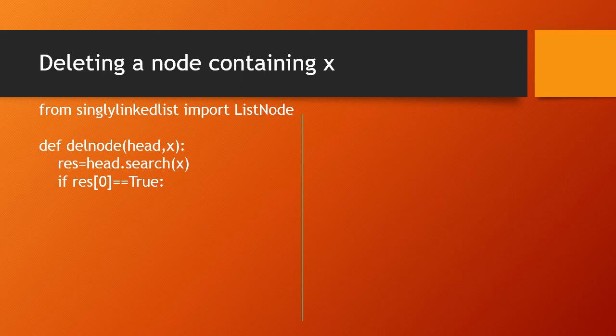Now, if there is a node containing x, again there can be two things. There can be x at the very first node or there can be x somewhere else. So let us suppose that x is present at the very first node.